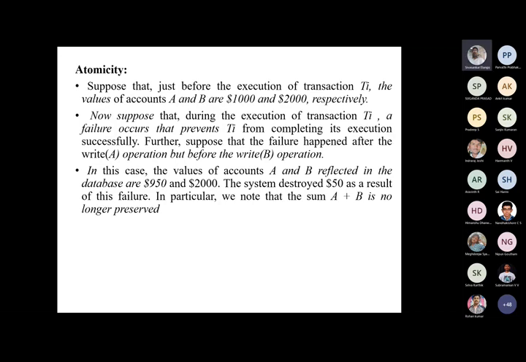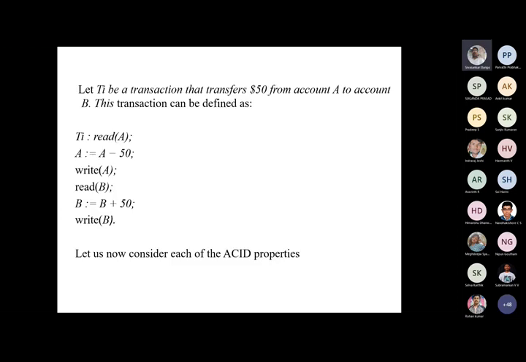Now, suppose during the execution of the transaction Ti, a failure occurs that prevents Ti from completing the execution successfully. Further, the failure happened after the write of A operation has been completed, but before the write of B operation. So there is a transaction failure. It happens after write of A operation has been completed, but before the write of B operation is done.